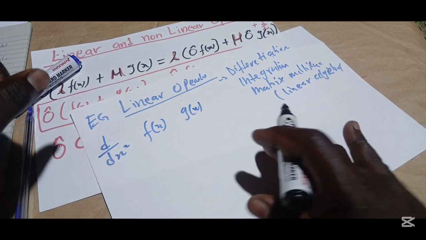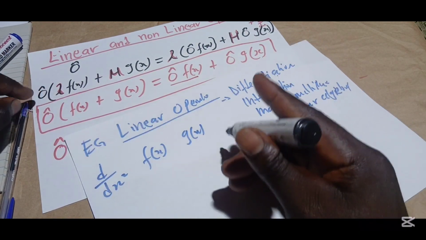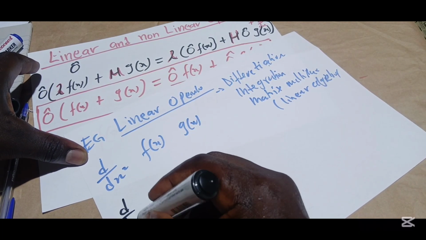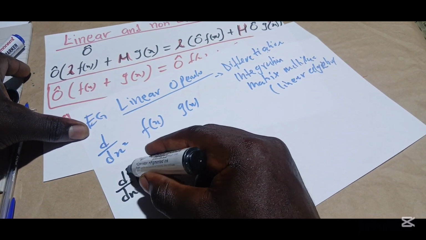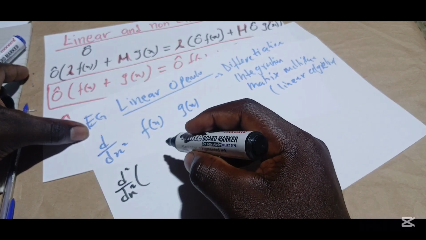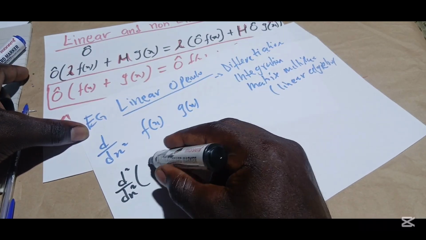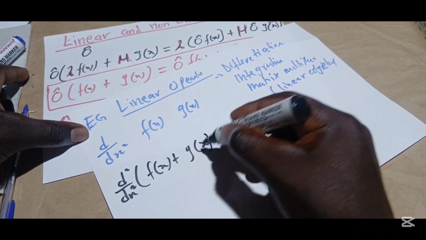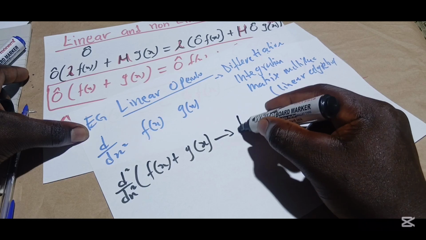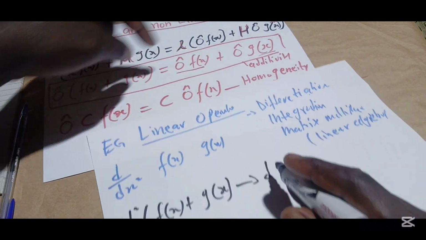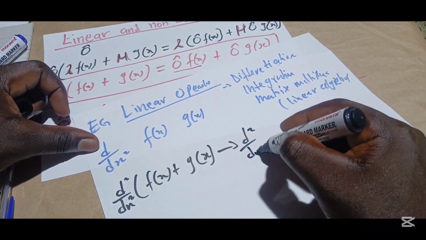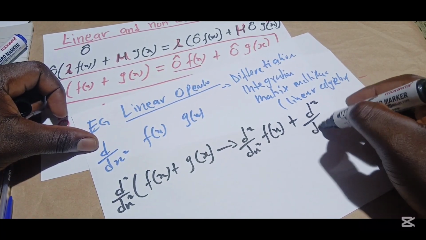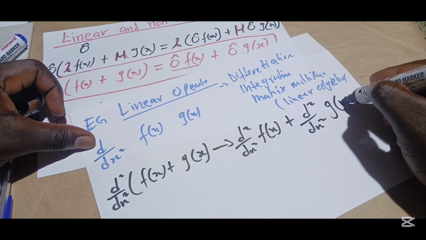So how do we do that? We recall our formula. That operator operated on the sum of f of x and g of x. So our operator is d over dx squared. It should operate on the sum of the two functions, f of x and g of x, to give us the same operator, d squared over dx squared, f of x plus d squared over dx squared, g of x.